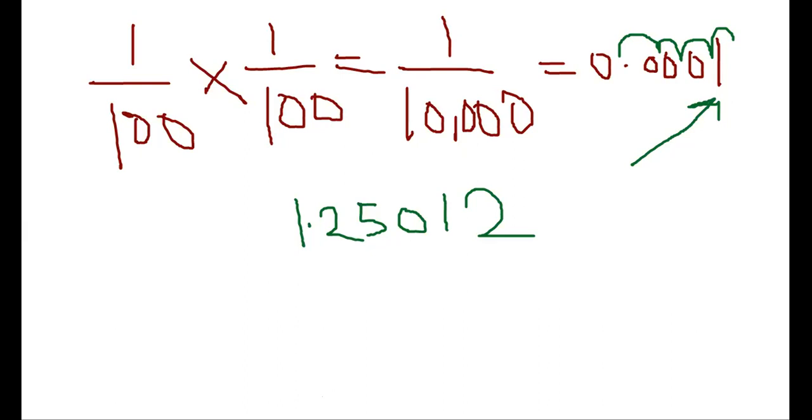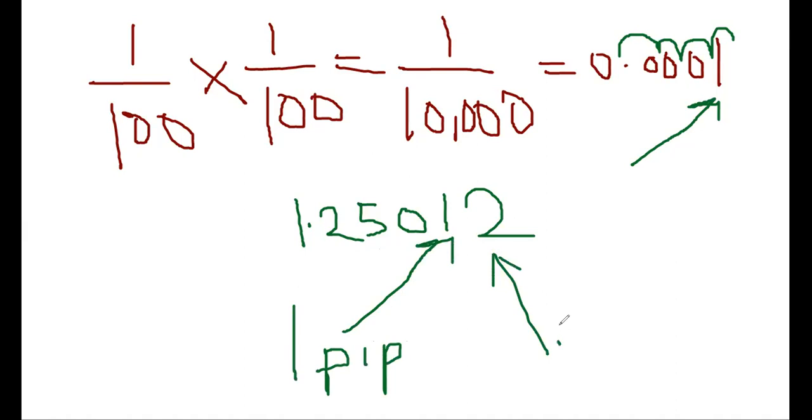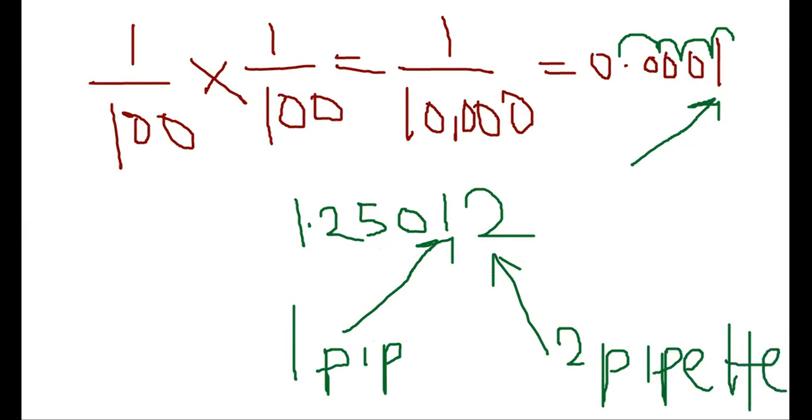And that 2 you see there is called the pipette. So this one is 1 pip, and this other value, which is seen here as 2, is called 2 pipettes. The one you call the pip is exactly what you have business with. You don't have any business with the pipettes.